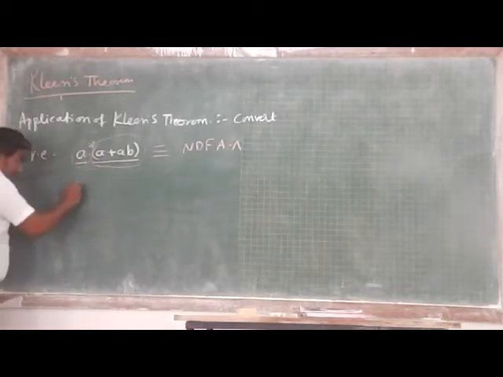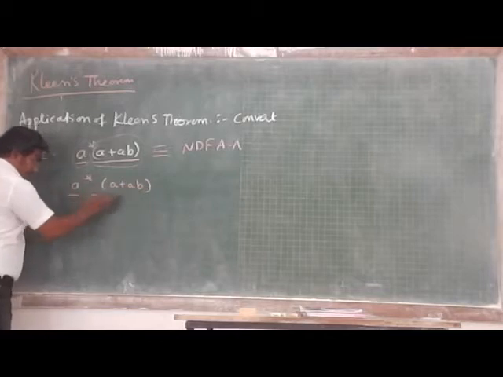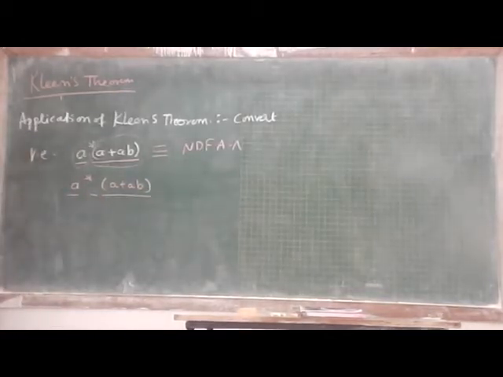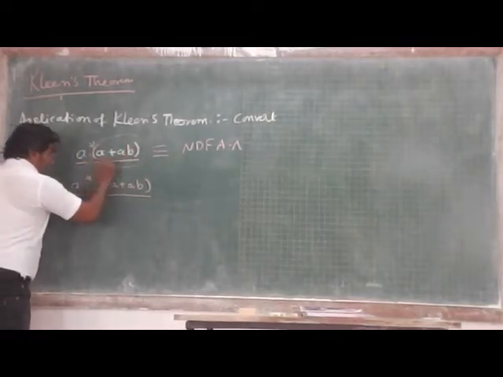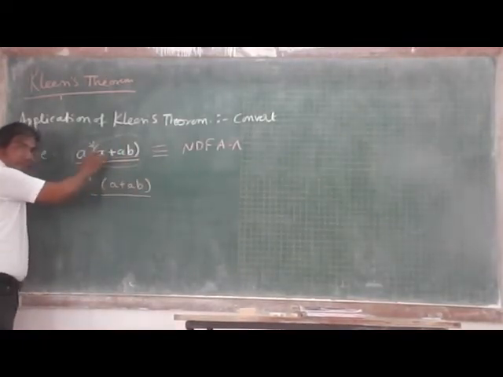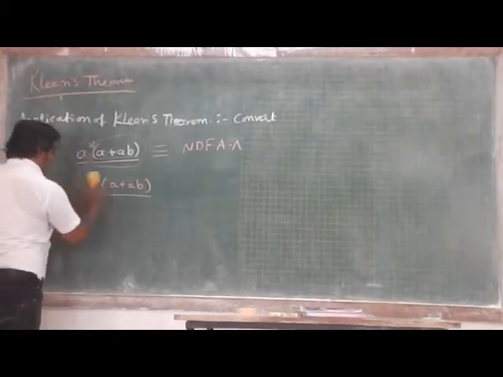Can we divide A and star and A plus AB, three parts like this? Can we do it? At this point, because A star is one entity, I cannot divide it at the first moment. So at this moment I can have two divisions.